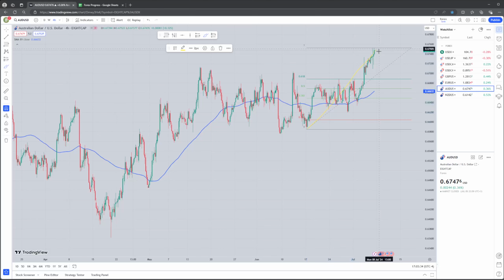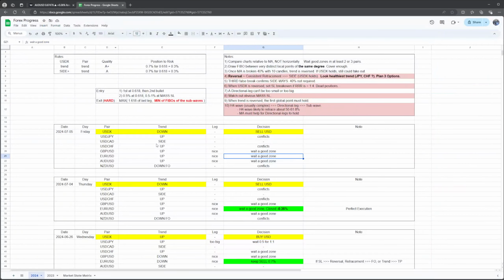Ideally it should retrace into a Fibonacci retracement soon and return into the original trend. So we will wait for the Aussie to retrace into a good zone, and if it retraces, we will buy Aussie. So Aussie trend is up, leg size is nice, and if the market retraces into a good zone, we will buy Aussie.